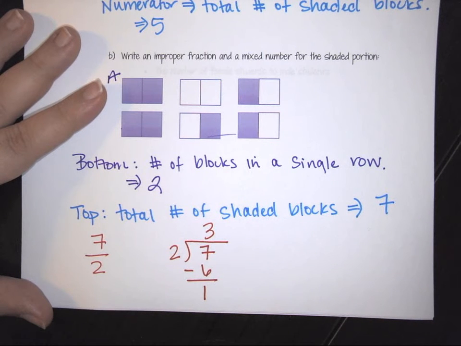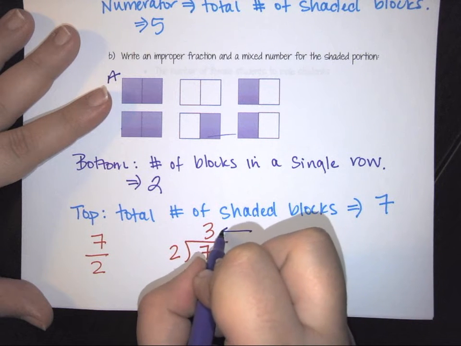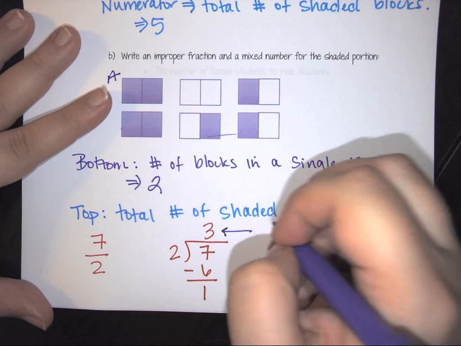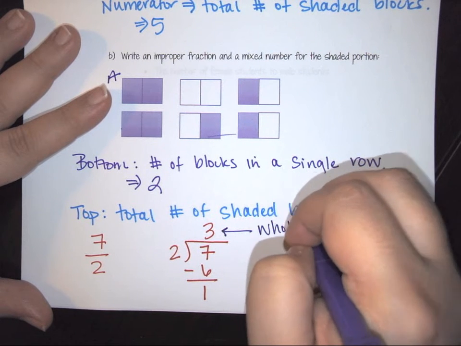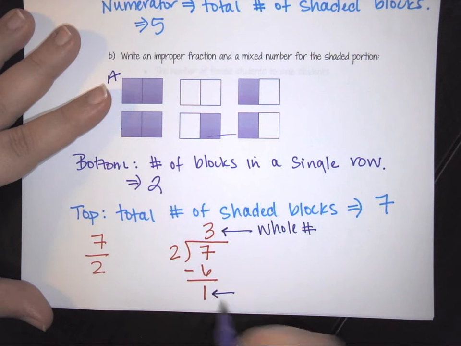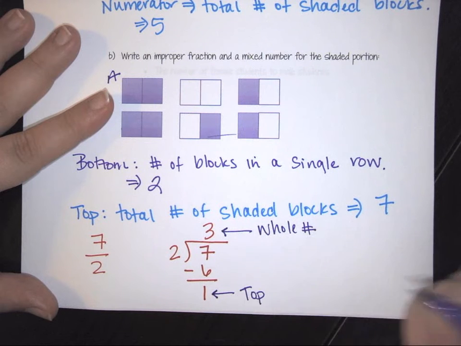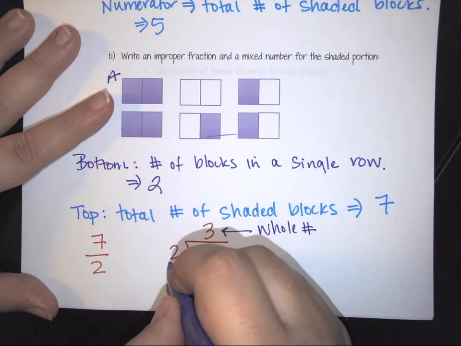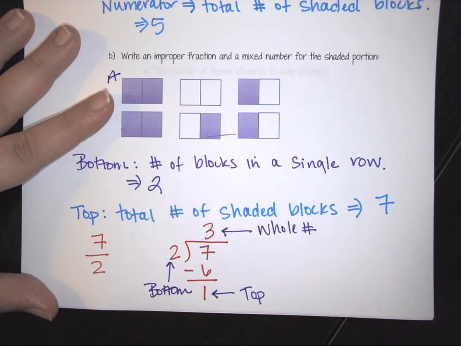So what we have to remember out of this is that this part up here, your result, is going to be your whole number. Your remainder down here is going to be your new top, and your bottom remains your bottom.